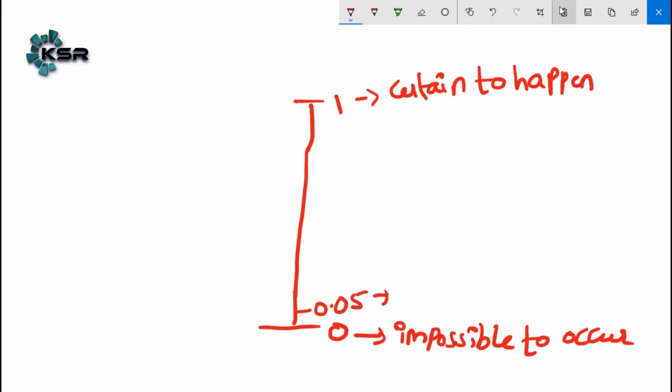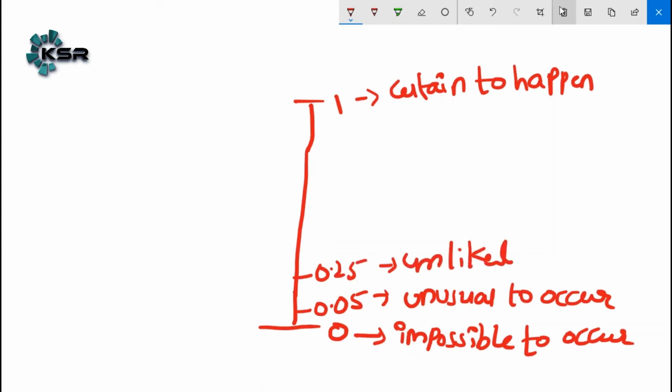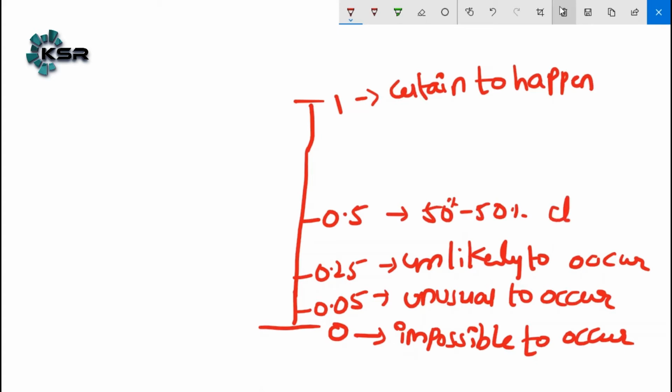0.05 means unusual to occur. 0.25 is unlikely to occur. 0.5 is 50-50 chances, 50% chances. 0.75 is likely to happen.